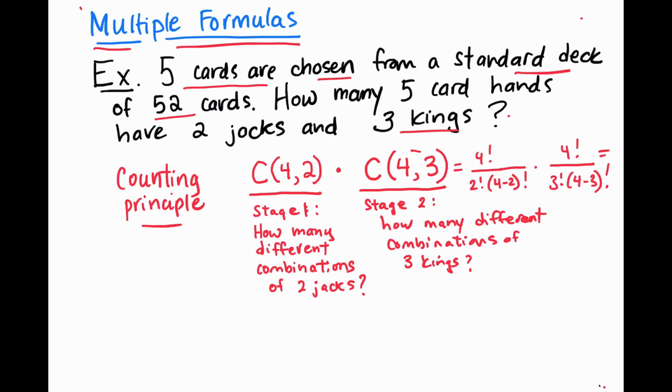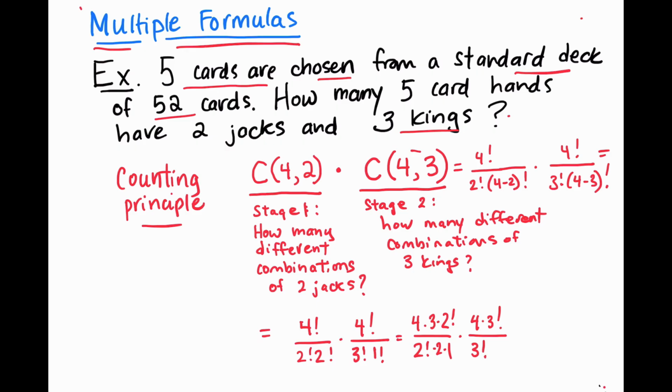Simplifying that down, it's 4 factorial over 2 factorial times 2 factorial, times 4 factorial over 3 factorial times 1 factorial. So we have 4 times 3 times 2 factorial over 2 factorial times 2 times 1, times 4 times 3 factorial over 3 factorial, and 1 factorial is just 1.